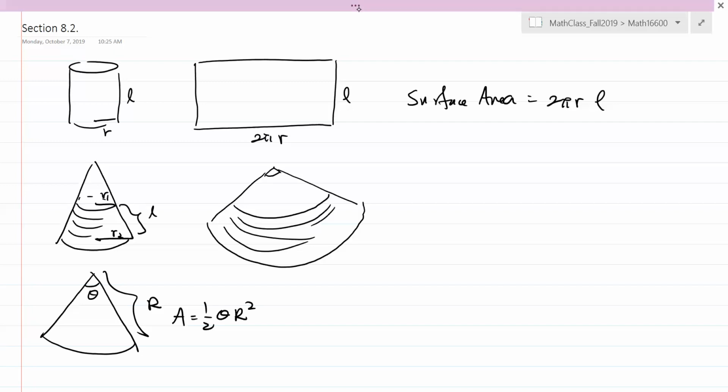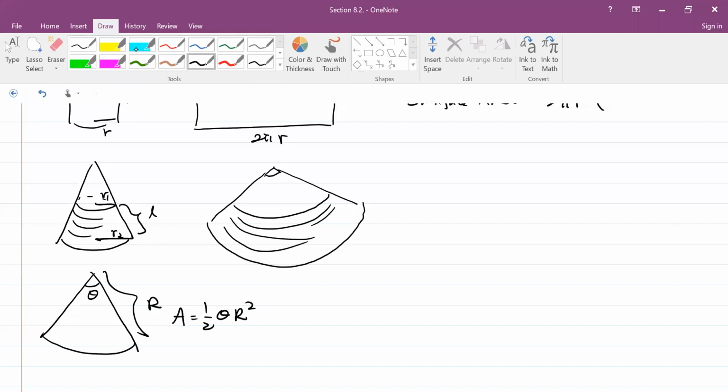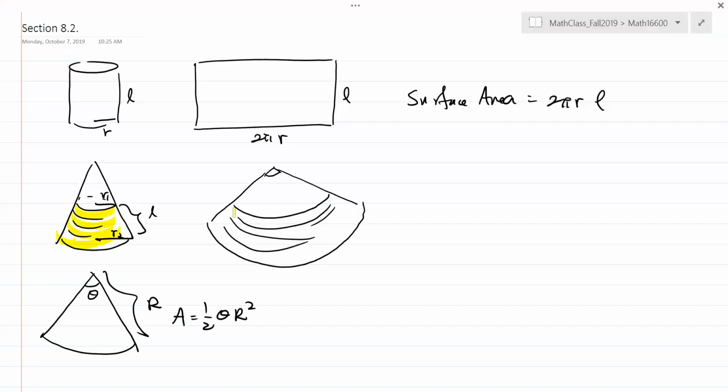This is the portion we're talking about. After you open it, you get this piece. All you have to do is take the difference, the larger sector minus the smaller sector, and this is L. The circumference here is 2 pi r1, and that's 2 pi r2, the arc length corresponding to the angle.